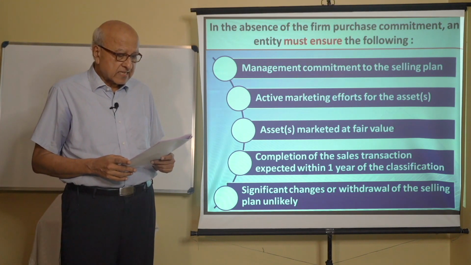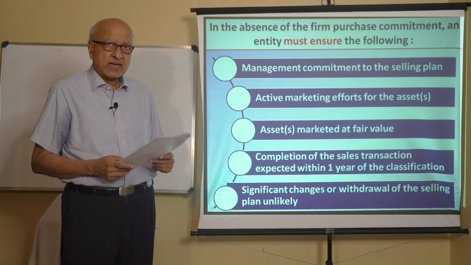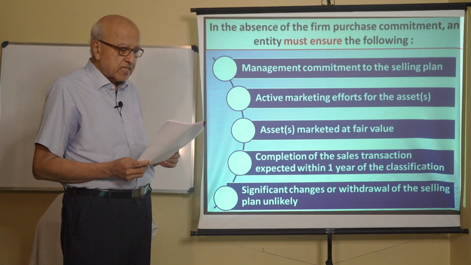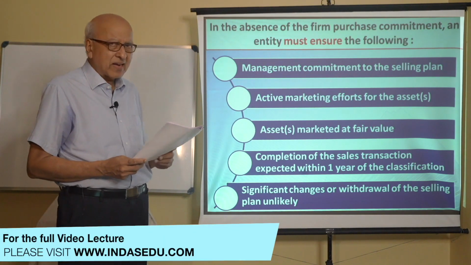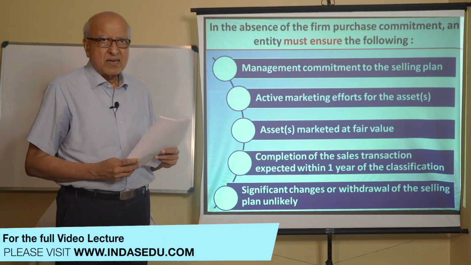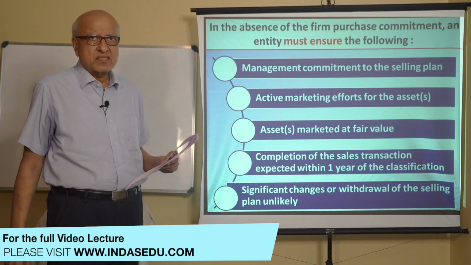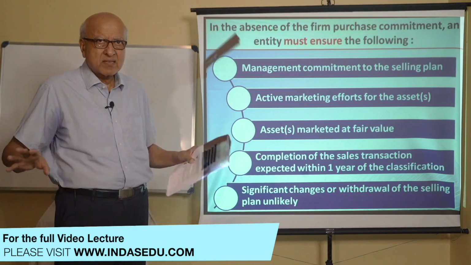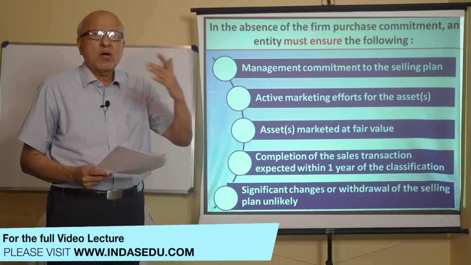Completion of the sale transaction expected within 1 year of the classification. They need to sell within 1 year. Significant changes or withdrawal of the selling plan unlikely. It is unlikely they will reverse their decision. One asset discarded, again it will be used in the business. It will be a very remote likelihood.